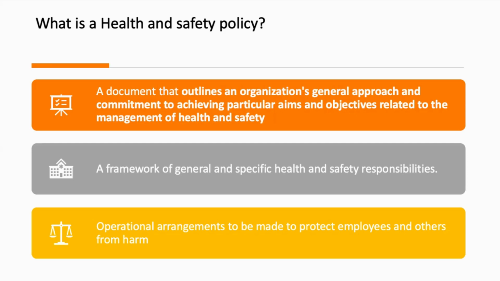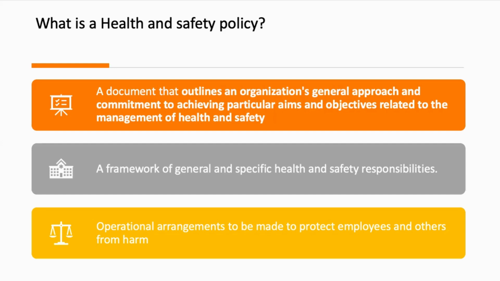So basically, the health and safety policy is aimed to achieve these three parts. One, it outlines an organization's general approach, which shows that the management is committed to achieving objectives and targets in terms of their health and safety approach. Second, it provides a framework for general and specific health and safety responsibilities.